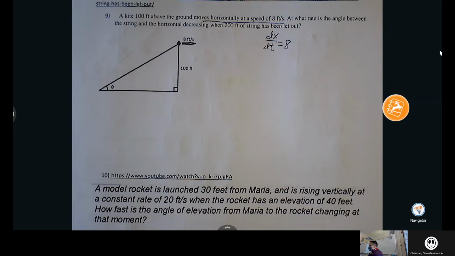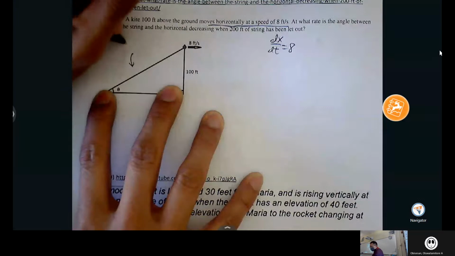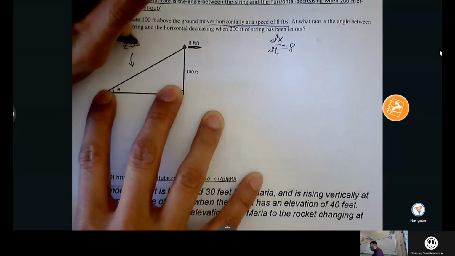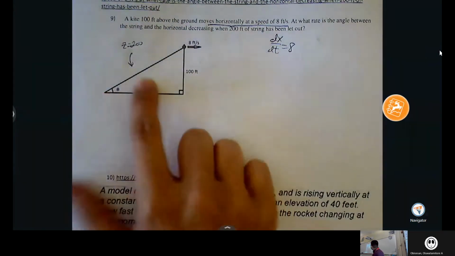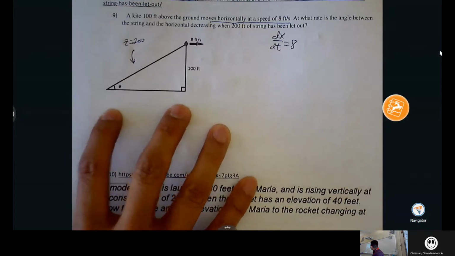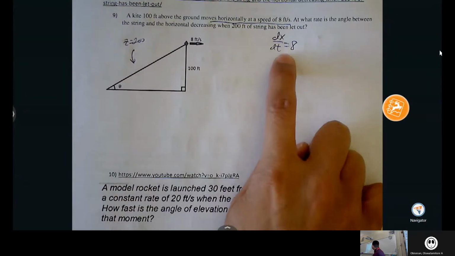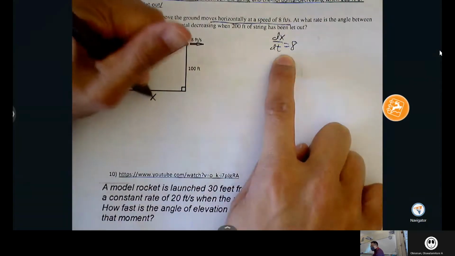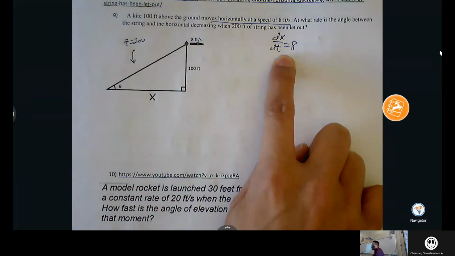Where's the 200? That's Z. Okay, but do we want to involve Z as part of our trig function? No, not yet. Because we have dx dt, we would prefer to use x instead.